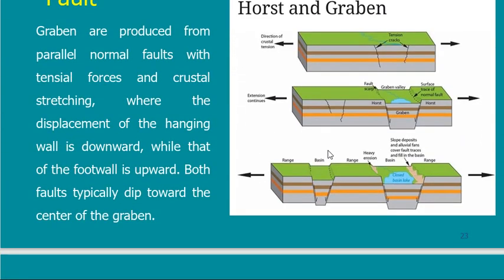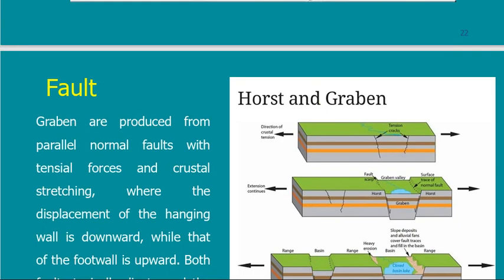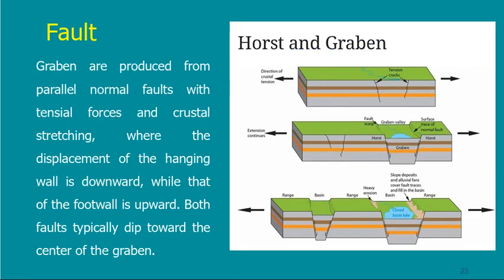There is another type of complicated faults, which is called the horst and graben. It means that if I have, say, horizontal layers, they are subjected to tensile forces. With time, you will start to have some cracks here and there. With time, the cracks will widen and the part inside will fall down.